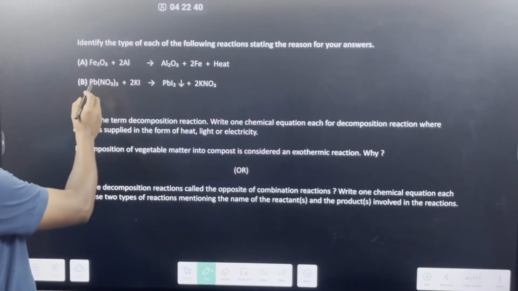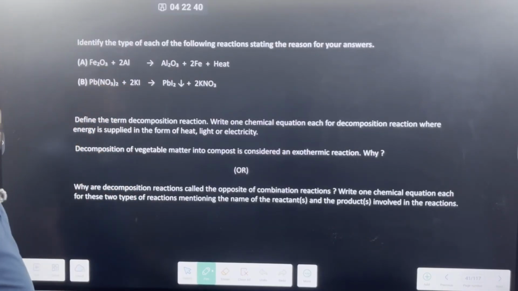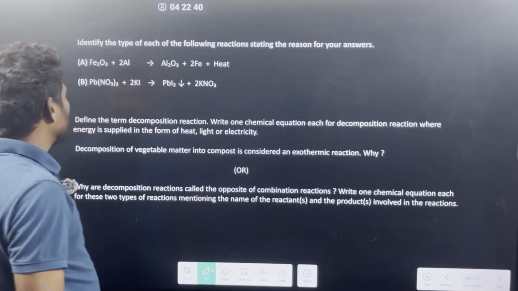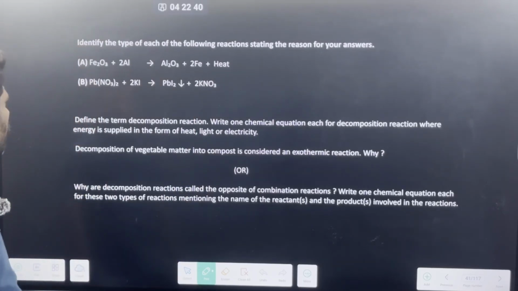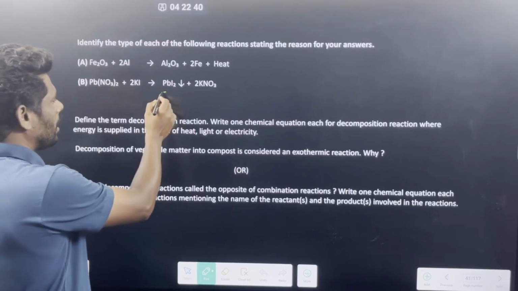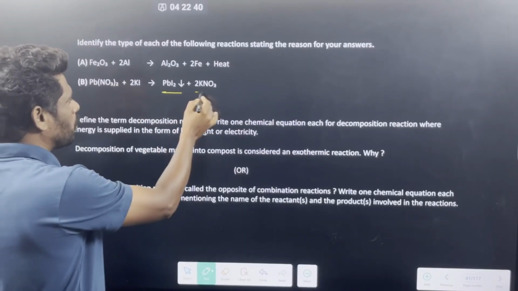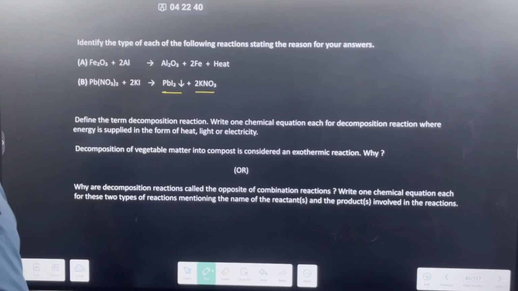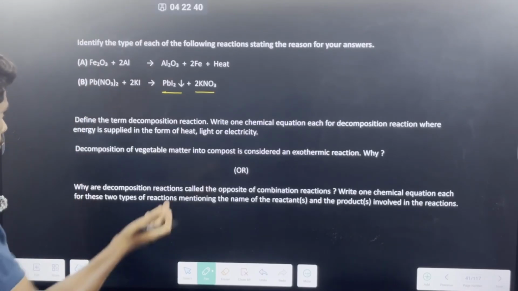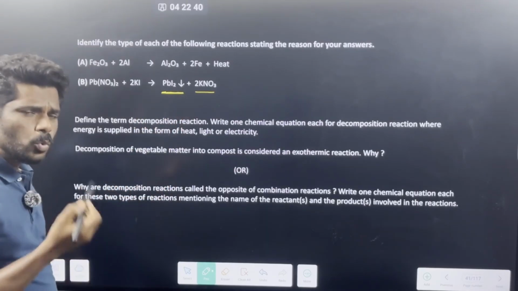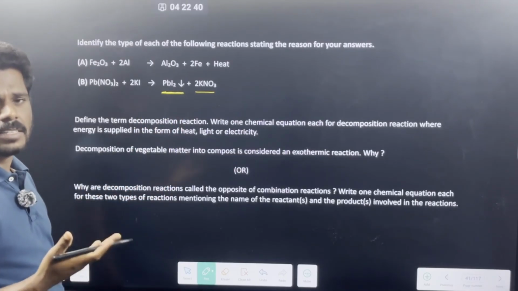Look here: iron oxide reacting with aluminium, giving aluminium oxide, iron plus heat. Lead nitrate reacting with potassium iodide, lead iodide is formed, and potassium nitrate. By looking at the equations, what do you understand? What type of reaction is this?